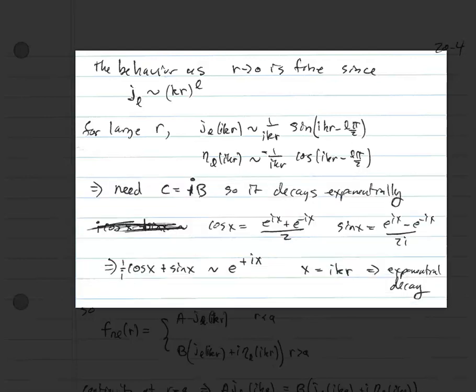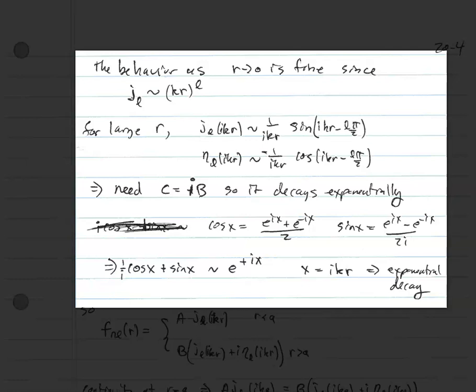And we need to pick the linear combination in the large r limit that will go like e to the minus kr, because that's the only case where we will get a normalizable solution. So we have to remember that cosine x is equal to (e to the ikx plus e to the minus ikx) over 2, and sine kx is (e to the ikx minus e to the minus ikx) over 2i.